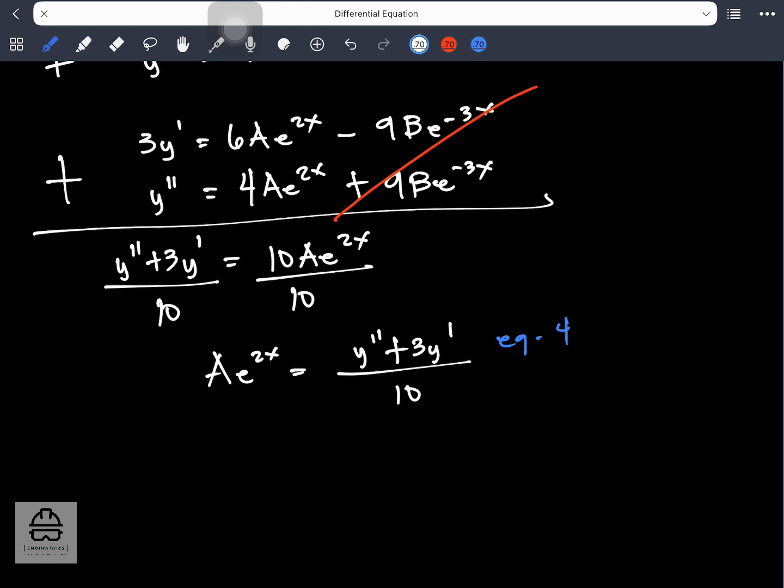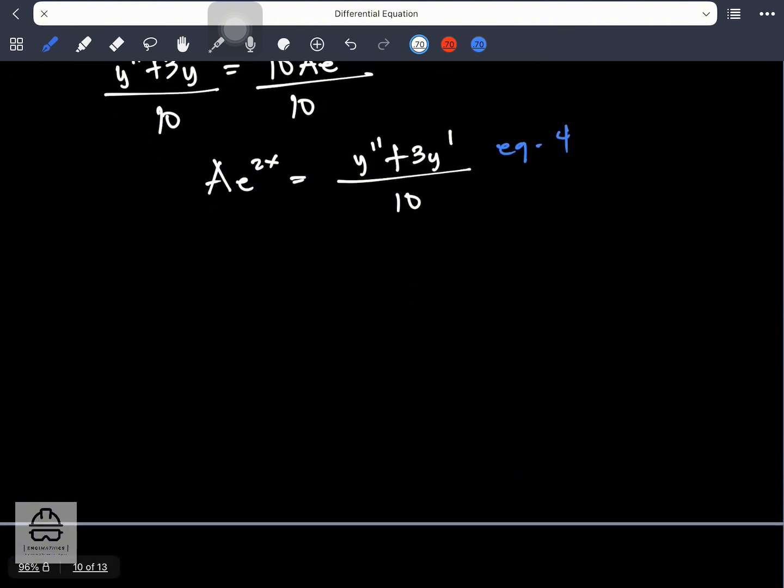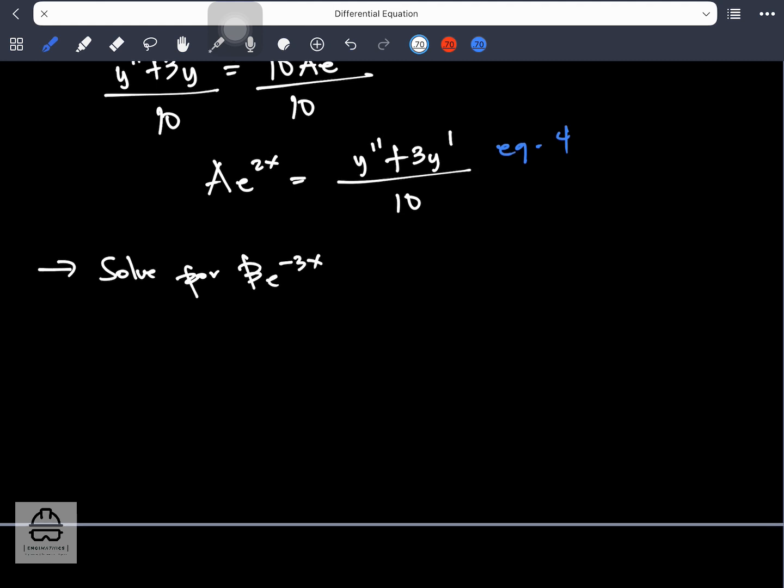Okay? So, this time, we have found our ae^2x. We will be looking now for the value of be raised to negative 3x. So, solve for be raised to negative 3x by eliminating a. Okay? So, we will be using again equation 2 plus equation 3.